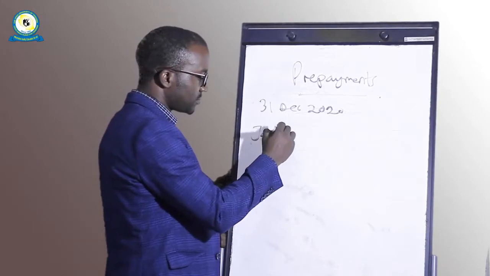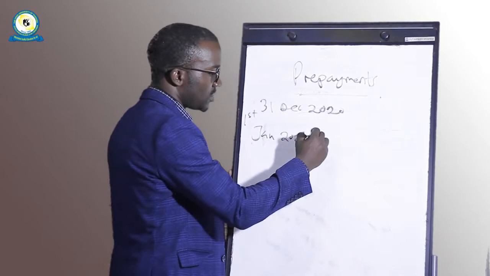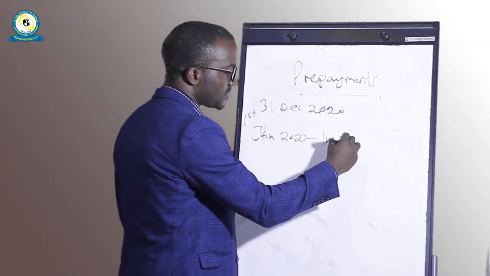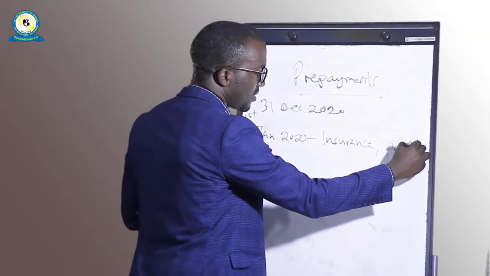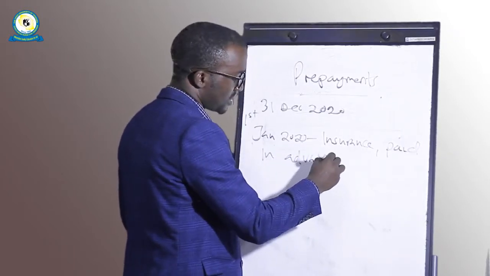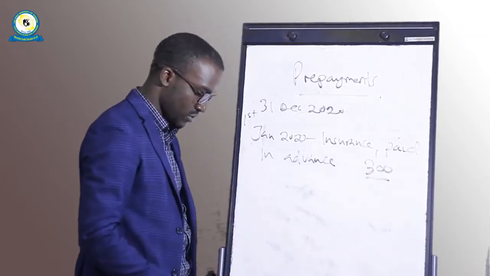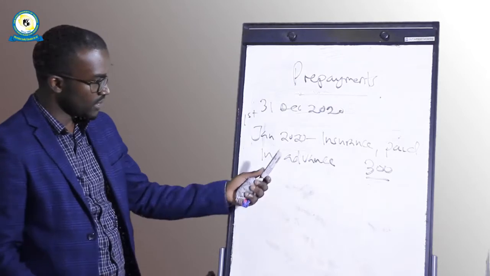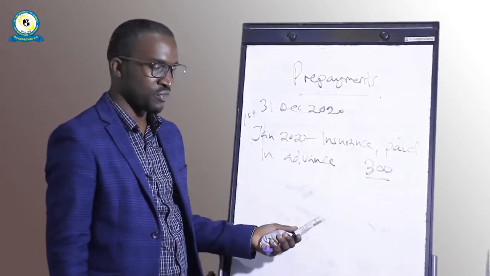On 1st January 2020, you had an insurance that was paid in advance. Let's come up with a figure. Let us assume that this insurance was paid at an amount 300, okay? Because we're going to use a hypothetical figure. Now assume that we had an insurance that was paid in advance of 300.